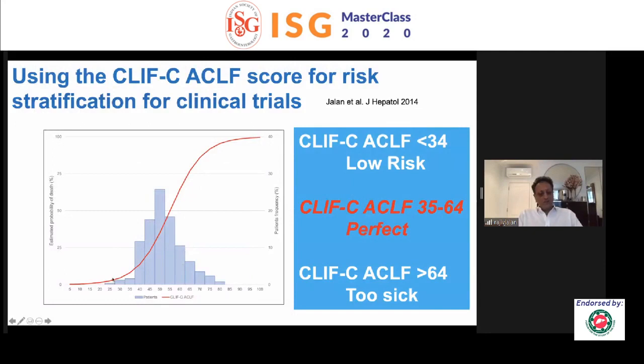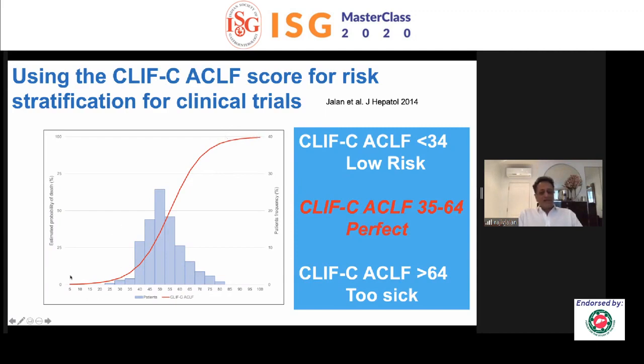If you plot it, this is what you see, that ACLF is a heterogeneous entity. On the y-axis is estimated probability of death. On the bottom axis here is the CLIF ACLF score. What you see is it's a sigmoid curve, which means that at the top and the bottom end, a score above 65 or 70, the risk of death of these patients is nearly 70, 80, 90%, 100%.